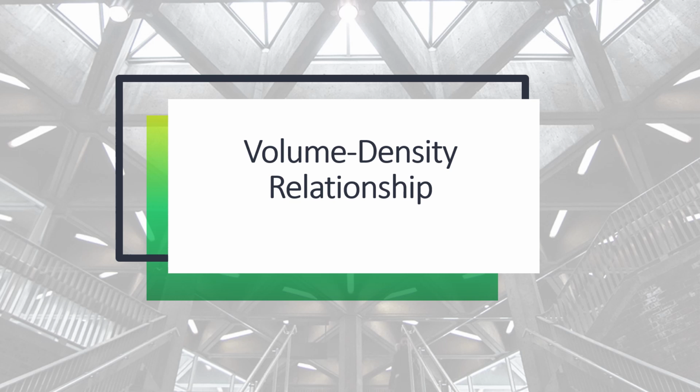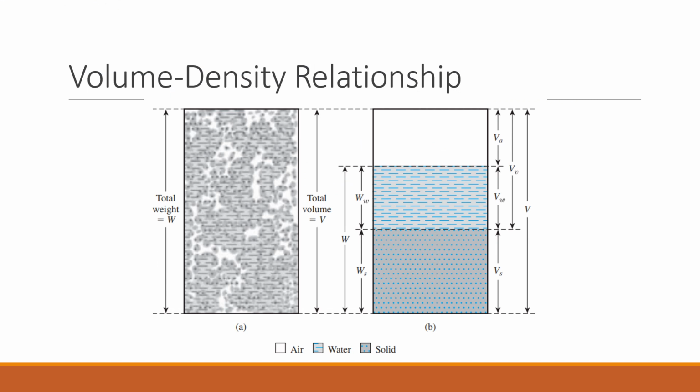Now, for us to be able to discuss the other physical properties of soil, let us explore the relationship between the volume and the density of soil. So we have here in the illustration this rectangular image, which is the soil sample, and on the right-hand side is the same soil sample.